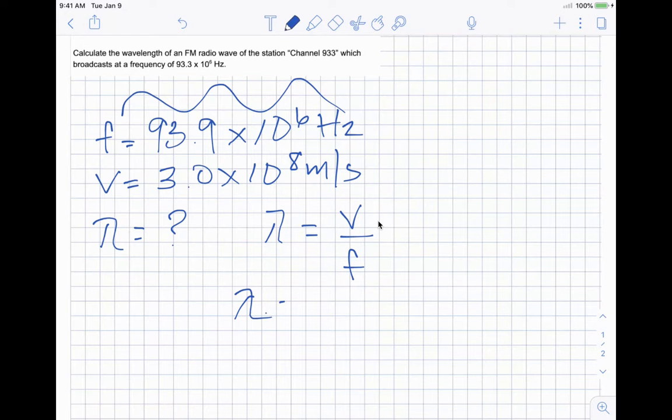So now that I've written out my formula, I'm going to solve by plugging in my known variables.